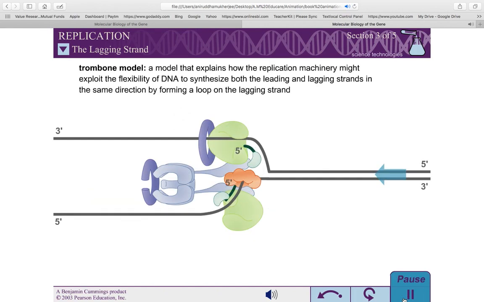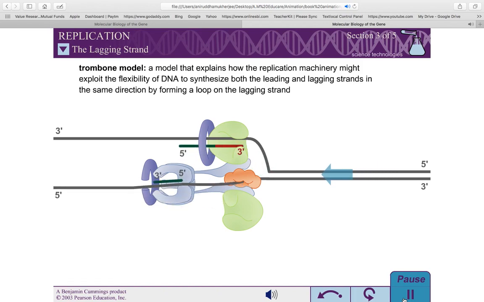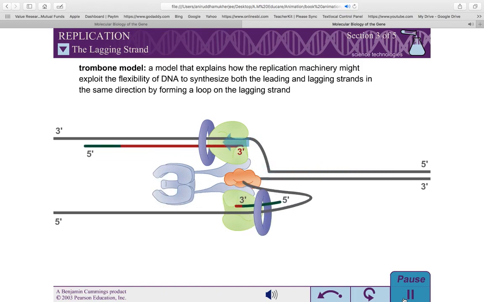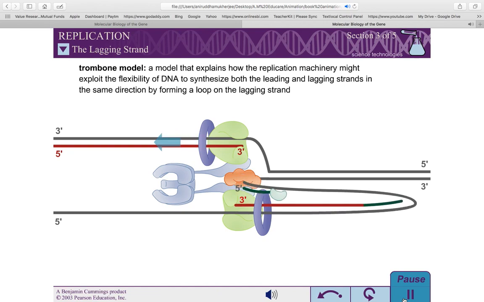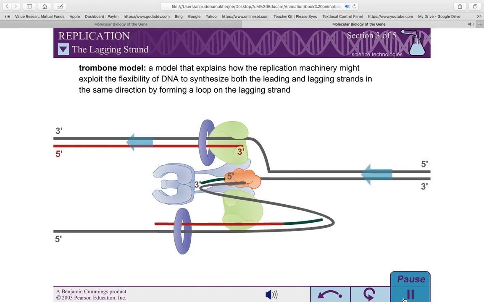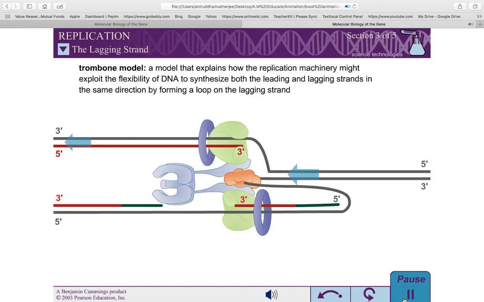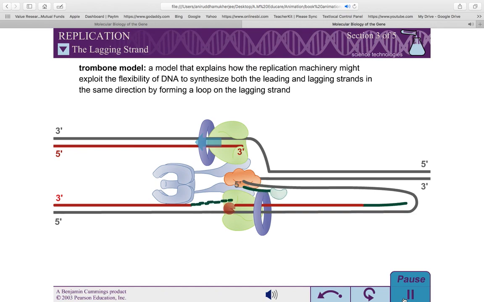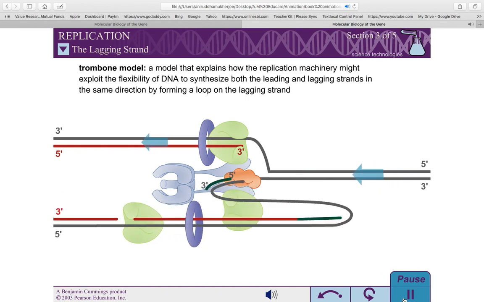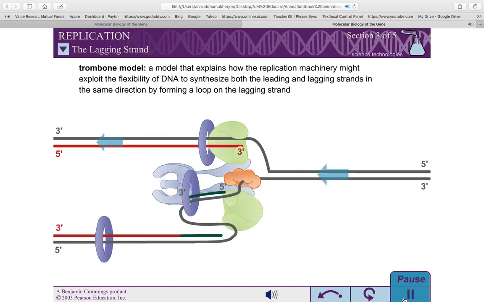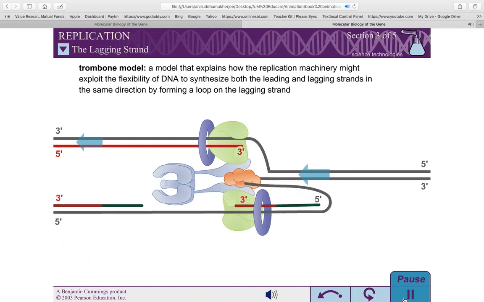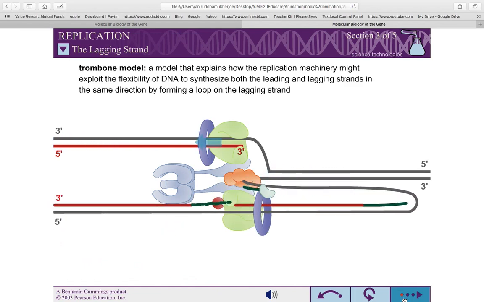The Trombone Model explains how the replication machinery might exploit the flexibility of DNA to accomplish this task. According to this model, the single-stranded DNA template for the lagging strand pulls through the DNA polymerase, similar to the slide of a trombone. This flexibility allows the DNA polymerase to add nucleotides to the 3' end of the growing lagging strand.